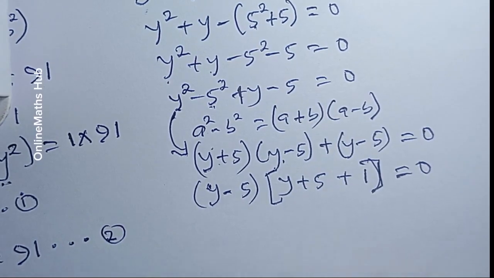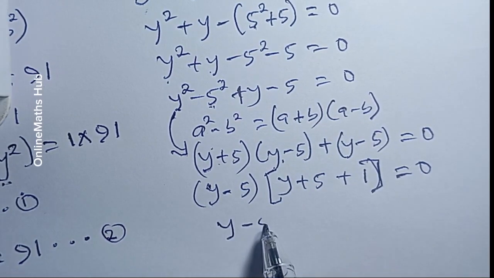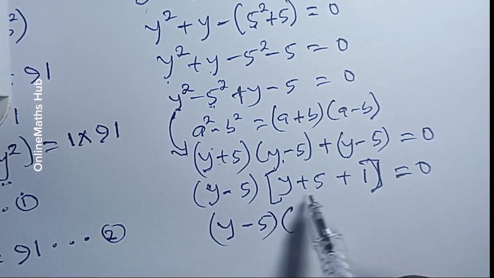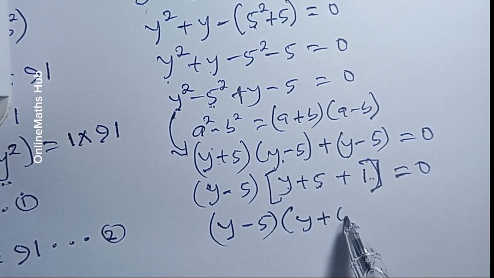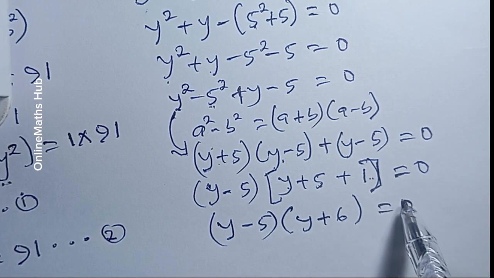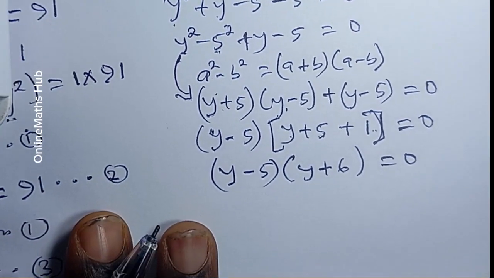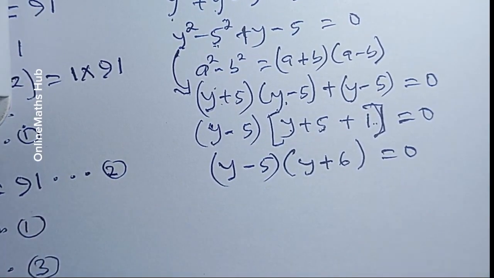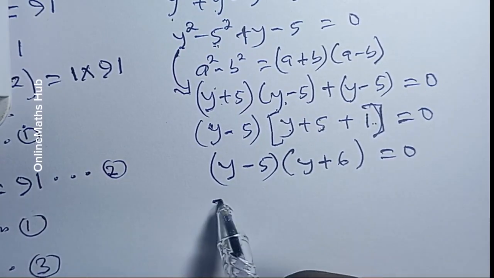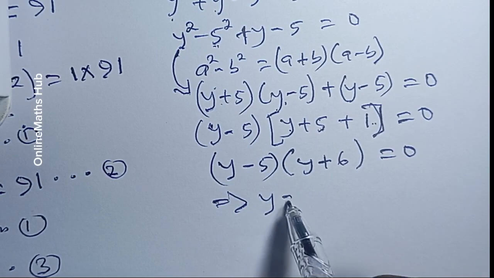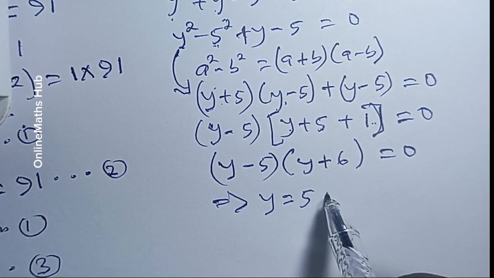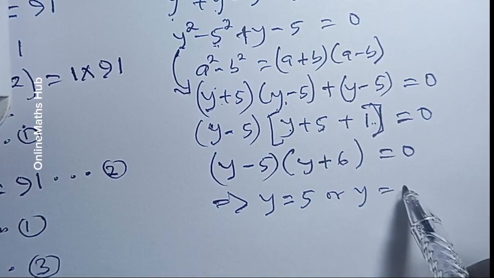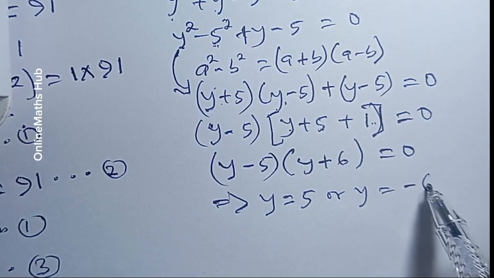So we now have y minus 5, and then multiplied by, if you add 5 to 1 here, you're going to have 6, is equal to 0. So we now have the zero product right here, which of course implies that y is equal to 5, or y is equal to negative 6.